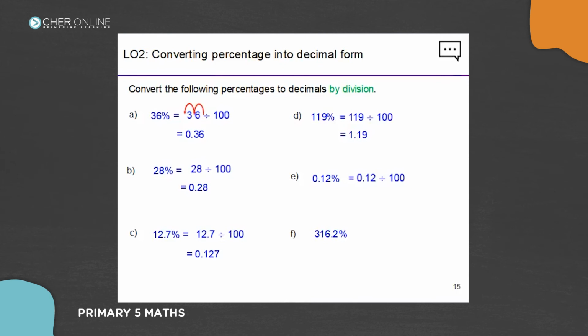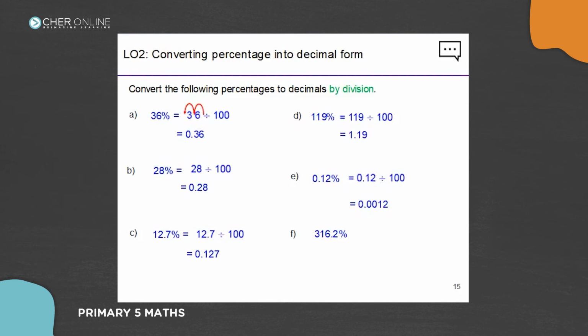0.12%. What do you think? If I were to give you a percentage which is even less than 1, you check with your division, and you will see what will happen. If I divide by 100, it'll be 0.0012, because this is even less than 1. You see that?